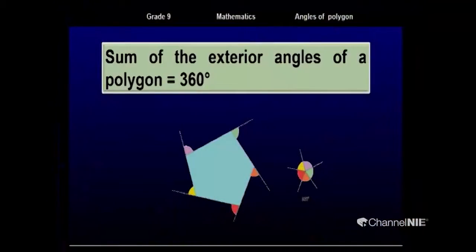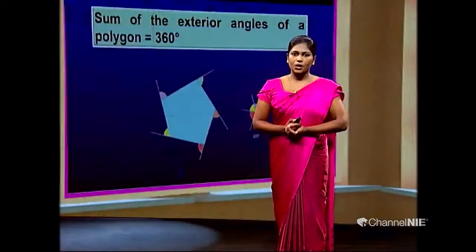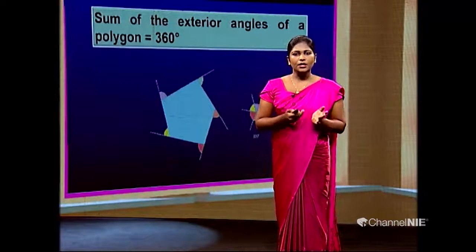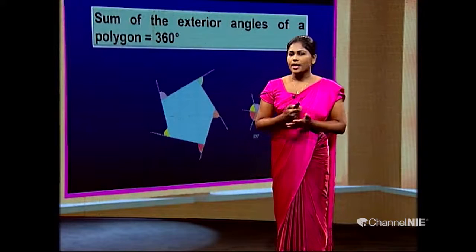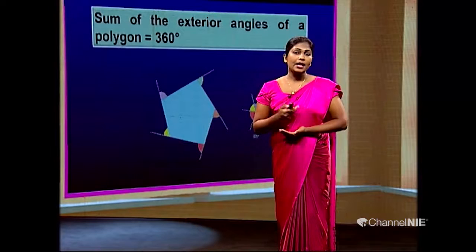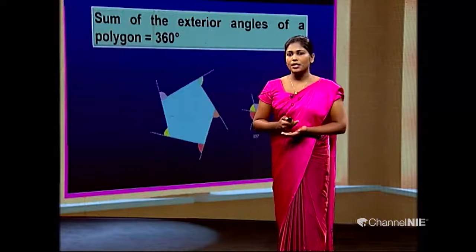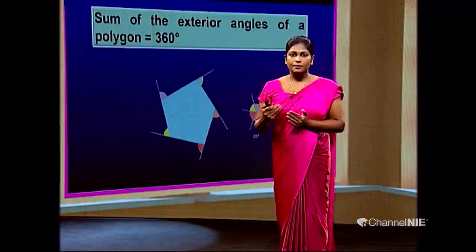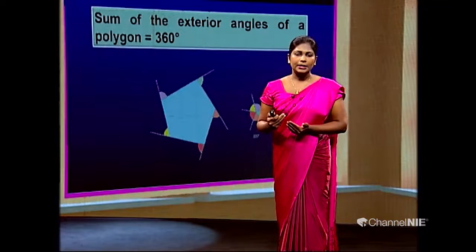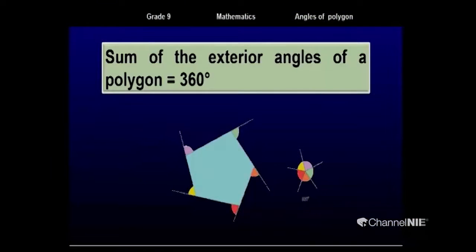The sum of the exterior angles of a polygon is equal to 360 degrees. The sum of the exterior angles of a polygon equals 360 degrees. So children, we did that activity. But there is another method, that means we can prove that theory according to a mathematical proof.